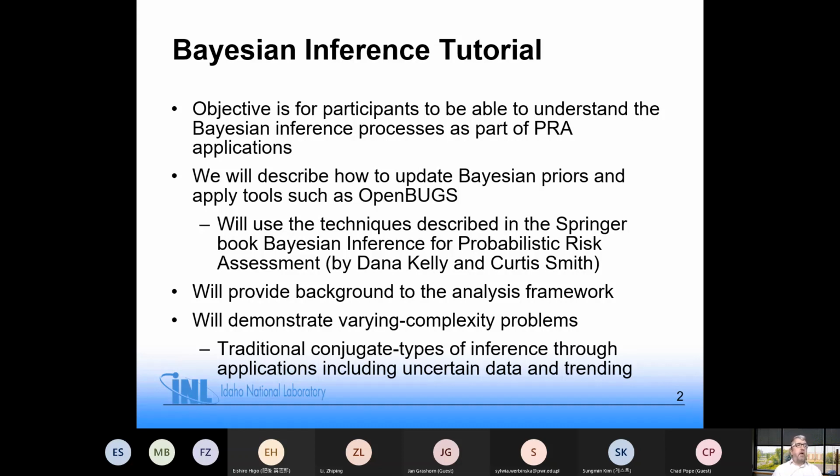For example, we'll start with simple, what are called conjugate type of models, but then we'll go into topics such as how do you treat your data if it's uncertain. Could be a complicated subject, but you'll see the tools that we use nowadays allow us to have really complicated models and just simply crunch through the numbers without too much trouble. We'll talk about trending. We'll talk about extreme value models and other things. So a nice set of topics to cover the landscape.